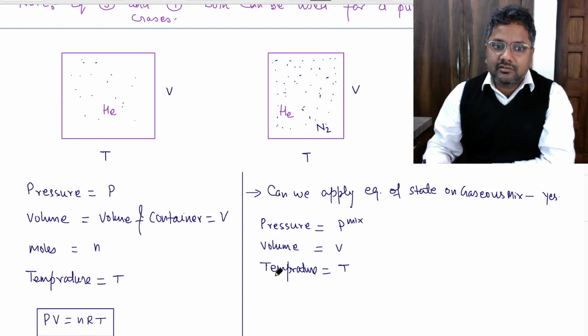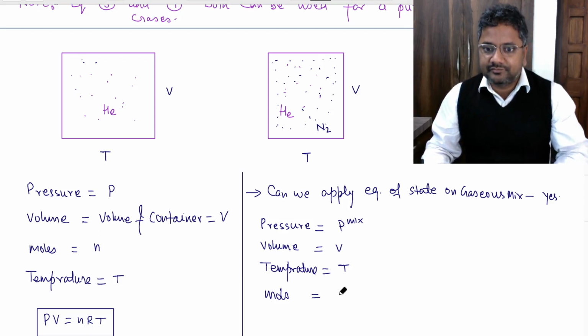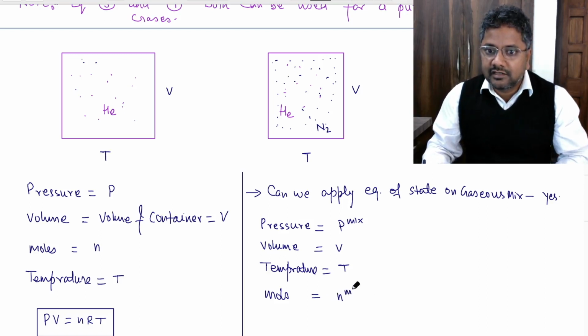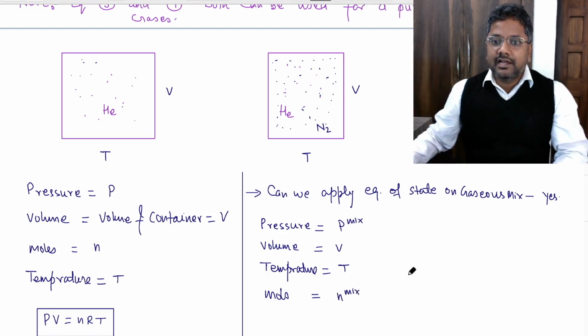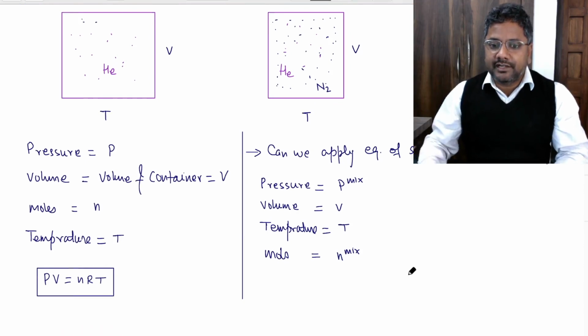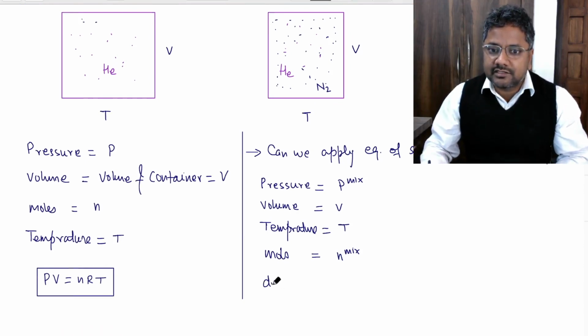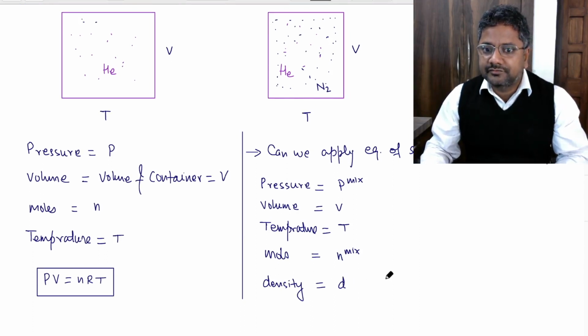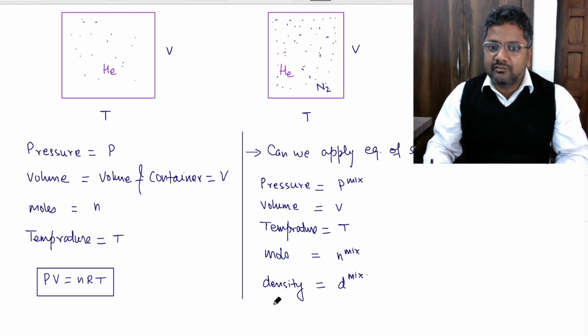And what about moles? Moles will definitely change, and this time we will have moles of mixture, n of mixture. And if we talk about density, in this case we will write density of mixture. What about molar mass?